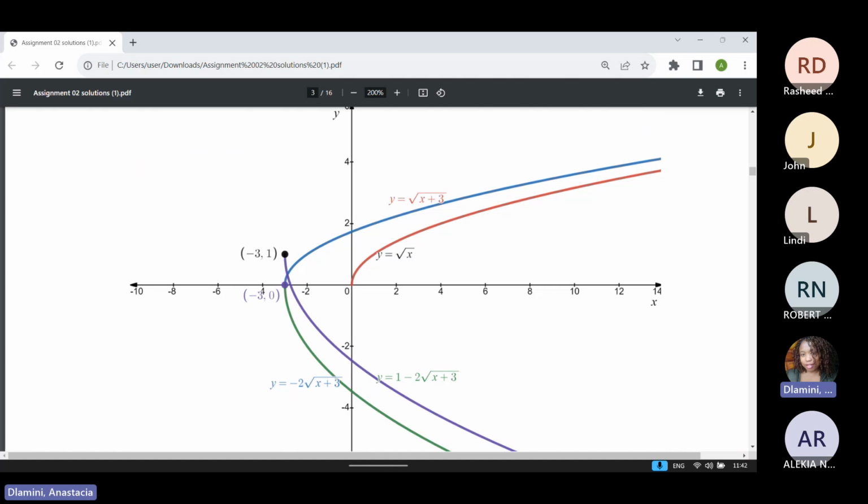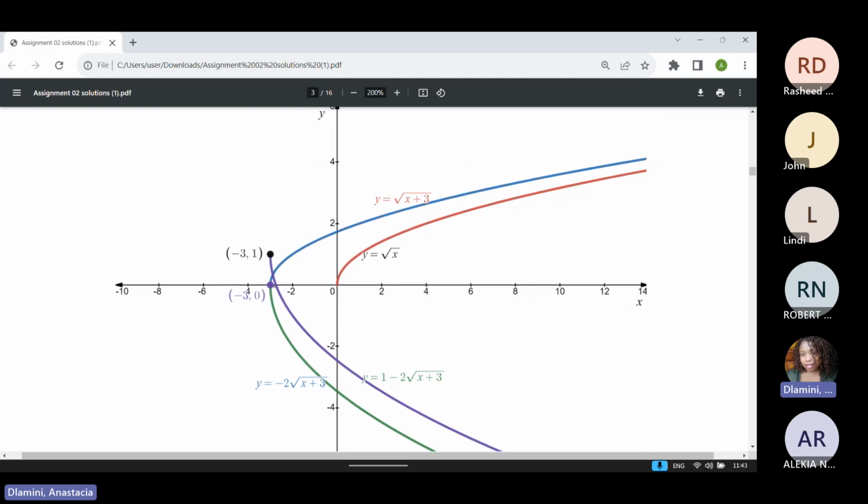As I said, the type of transformation that you choose doesn't really matter where you start. In the solutions, I started by shifting the graph horizontally 3 units to the left. So I moved from the red graph to the blue graph. Do you see that? Then you obtain this blue graph here.